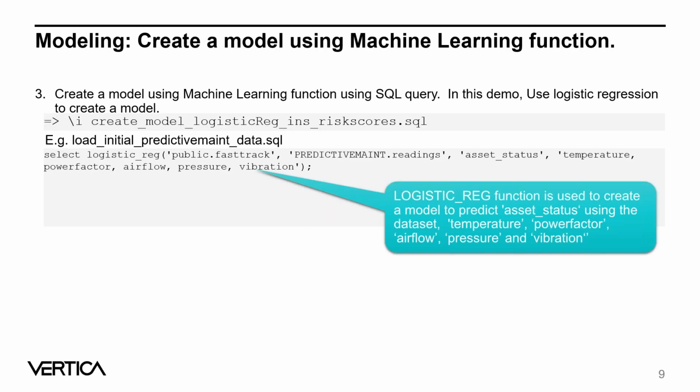After loading the data, we try to find the best model using the machine learning functions. We have several machine learning functions, so you should test and evaluate several of them to find the best model.